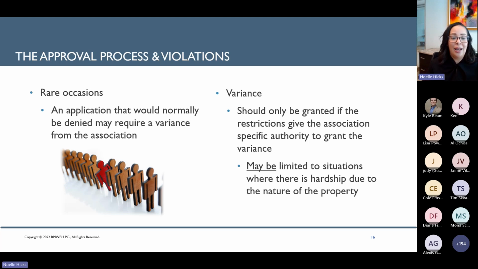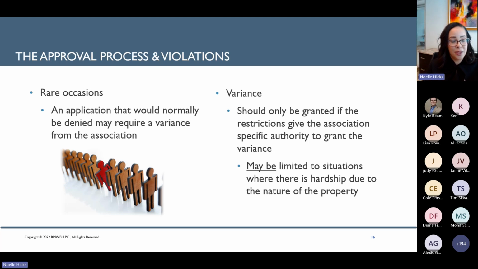And so eventually, after a lot of back and forth and the association realized that it had certain variance granting authority, the resolution of this case was to grant a variance on that property for the existing fence, but that at the point when that property would be sold, if it was ever sold in the future, the fence would have to be taken down and restored to its original location.